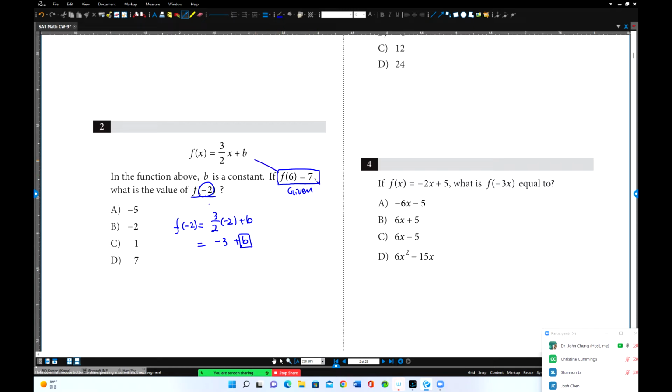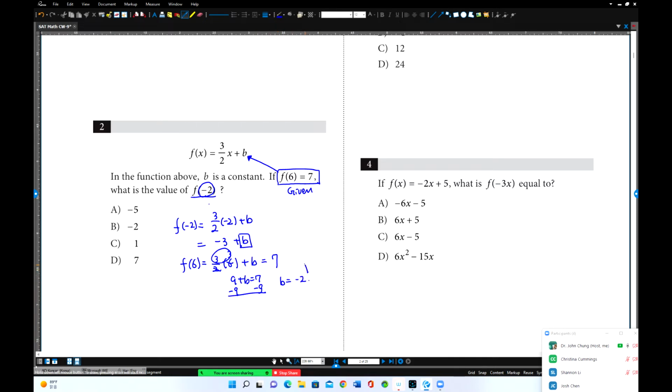When x equals 6, f is 7. So 3 over 2 times 6 plus b equals 7. This one is actually 9. 9 plus b equals 7. b equals what? Negative 2, right?